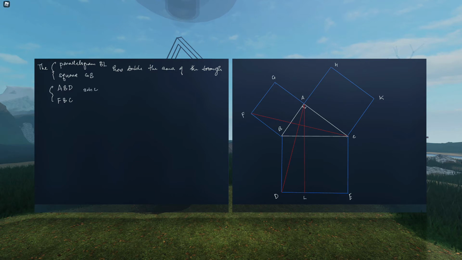Since they have the same base, and the base is BD and FB, right? And are between the same parallel lines.